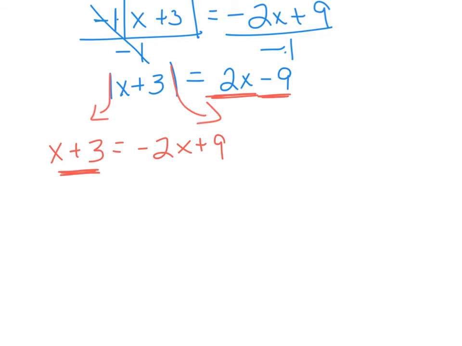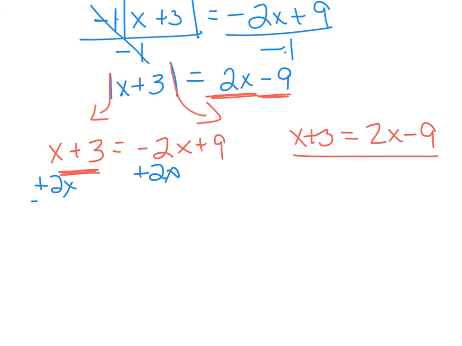I wrote the second equation first, but you get the idea. The other equation is exactly the same. So one equation is exactly the same, and the other equation, everything outside the absolute value changes. And then we simply solve these two equations for answers.